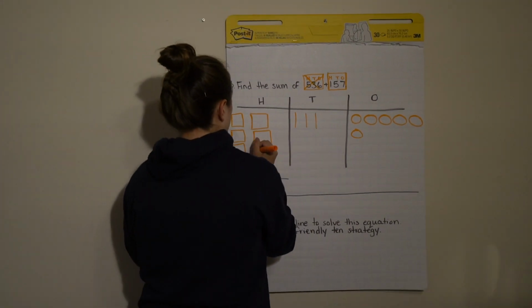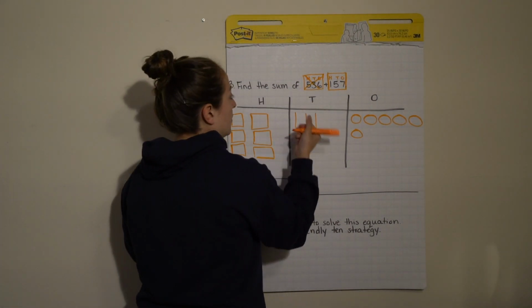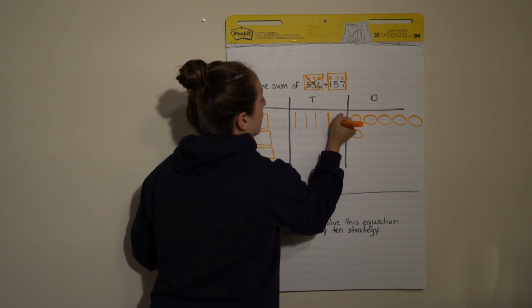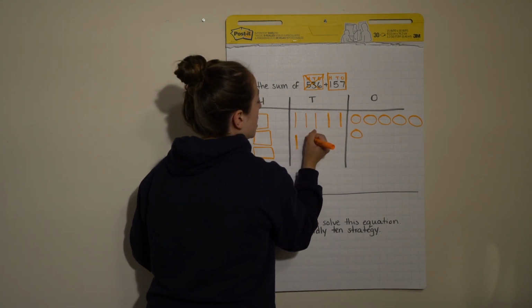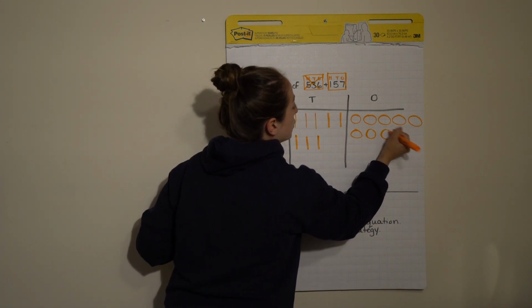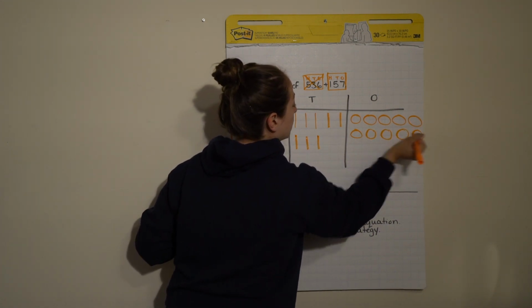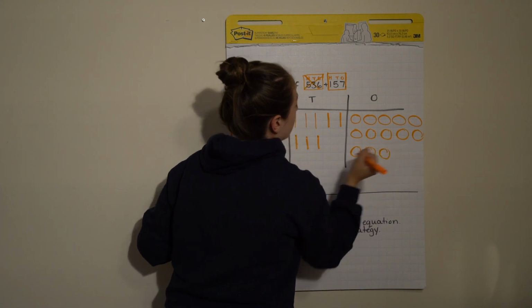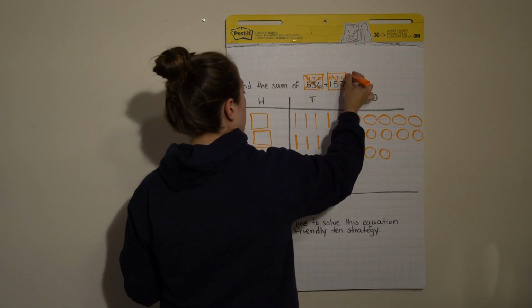Okay, so I have 100 over here, 5 ten sticks, 1, 2, 3, 4, 5, 7 ones, 1, 2, 3, 4, 5, 6, 7. Okay, done with that number.